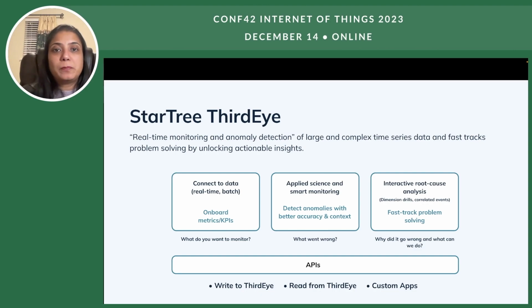Now it has three core pillars, where you're stitching the data in real time and offline, and storing it in a very efficient storage and computing resource, like Apache Pinot. ThirdEye is built on Apache Pinot, which is a columnar data store that does OLAP and allows you to run massive queries on your data in a very compute-efficient way, and gives you results in fractions of seconds.